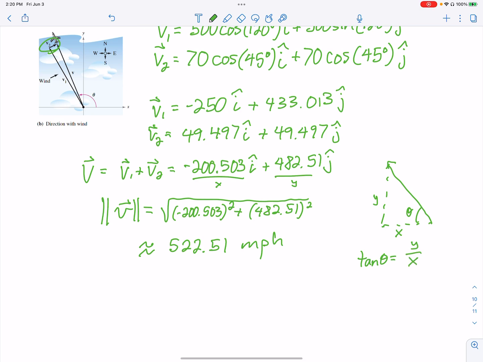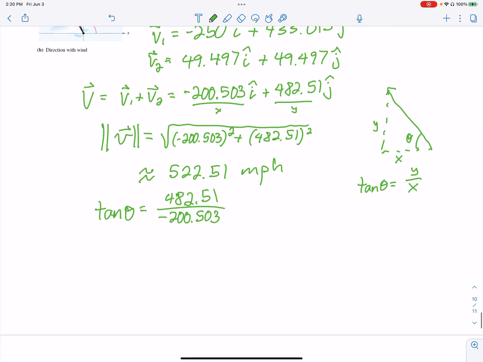So maybe I could plug it into that. So tangent of theta, okay, I know y. Y is 482.51 over x, which was negative 200.503. Now we just take the arctan or inverse tan. I'll write this out the way it would show on your calculator. I'm just going to do that out of laziness. So theta is roughly 67.435 degrees.